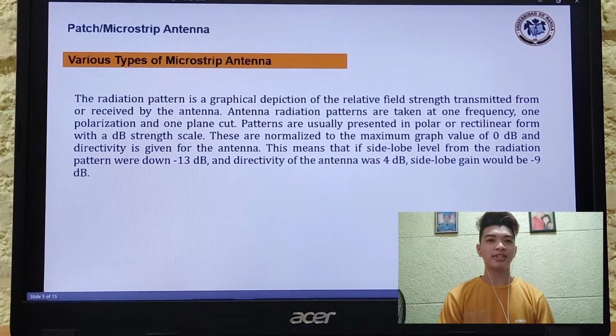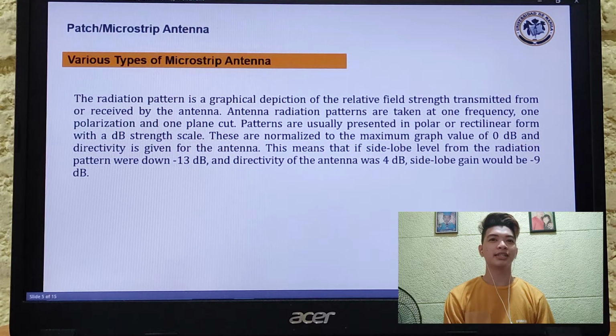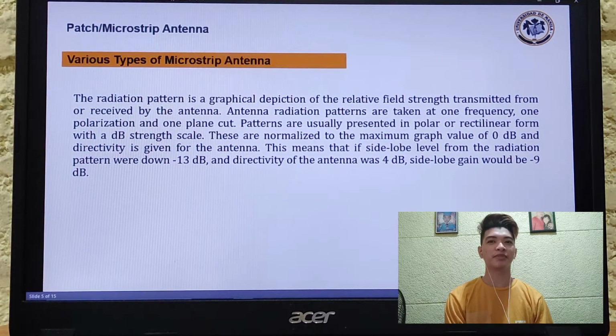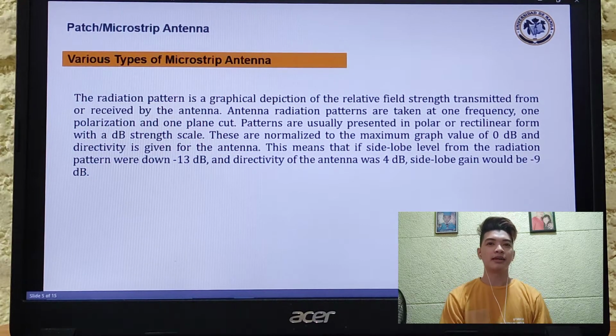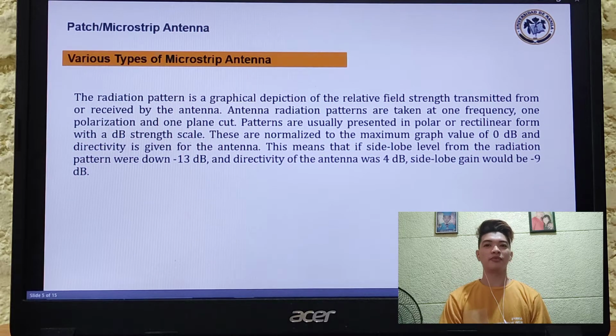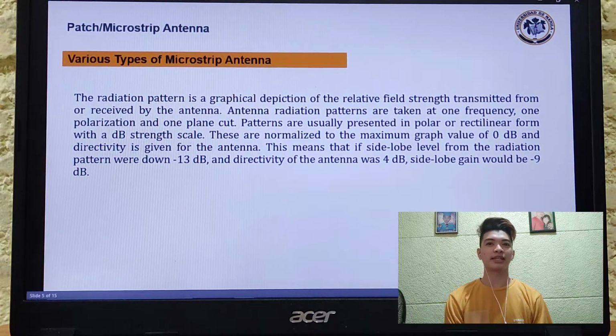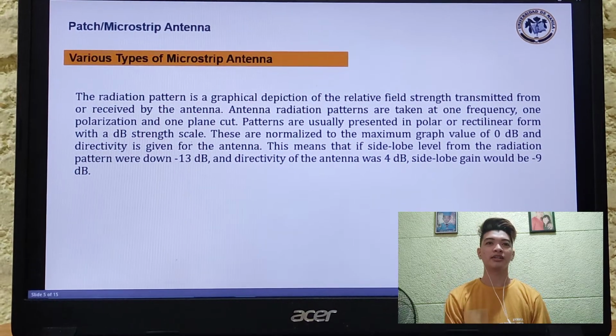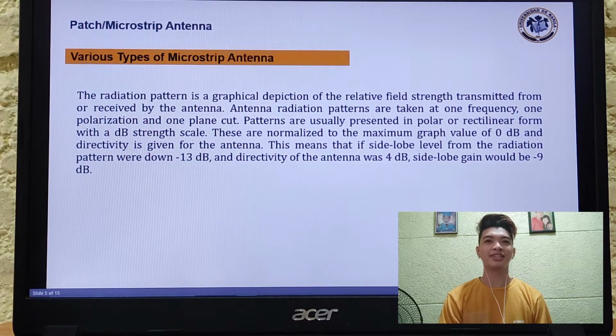Next is the various types of microstrip antenna. The radiation pattern is a graphical depiction of the relative field strength transmitted from or received by the antenna. Antenna radiation patterns are taken at one frequency, one polarization, and one plane cut. Patterns are usually presented in polar or rectilinear form with a decibel strength scale.